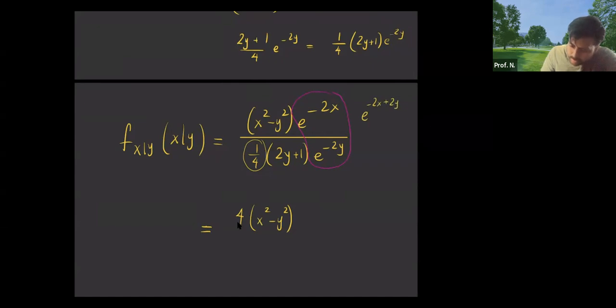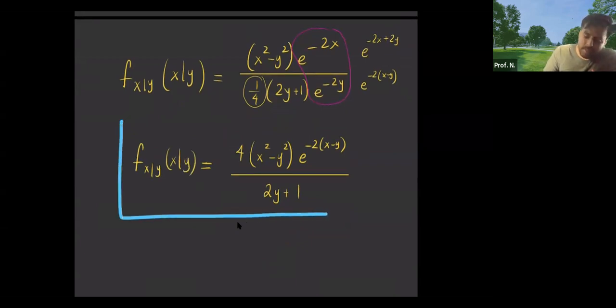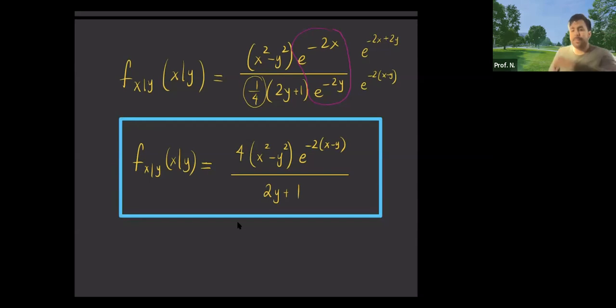If you factor out the negative, this becomes e to negative 2 parentheses x minus y. And all of this is divided by 2y plus 1. And this craziness is part A.